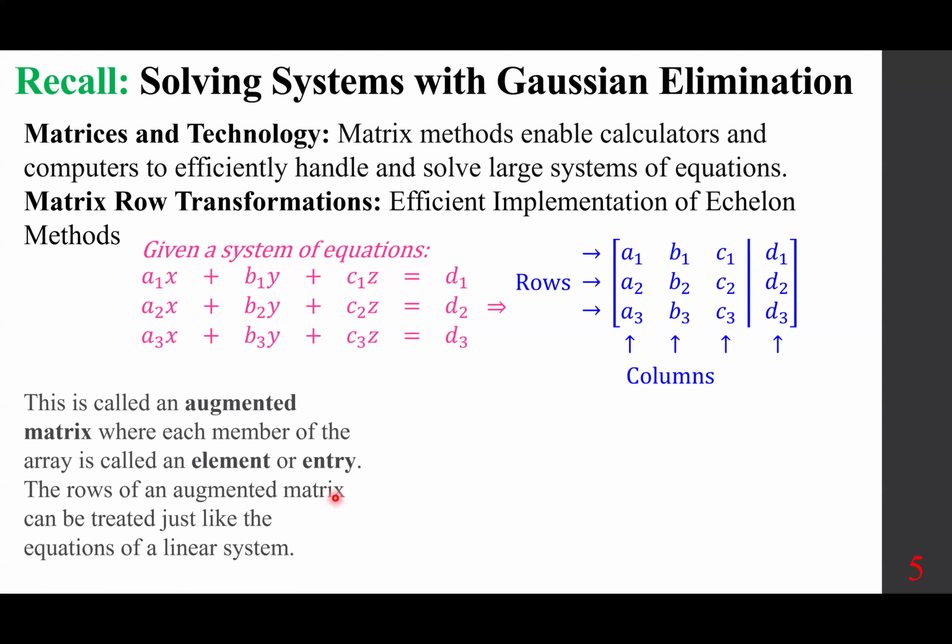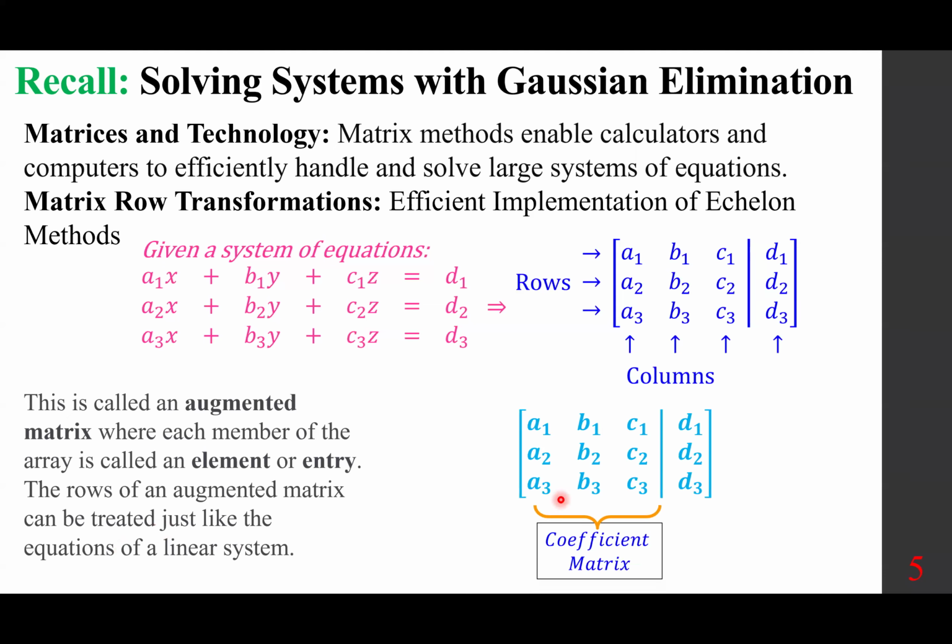The rows of an augmented matrix can be treated just like the equations of a linear system. So look at this one. This is called the coefficient matrix. This last column is the constant matrix.